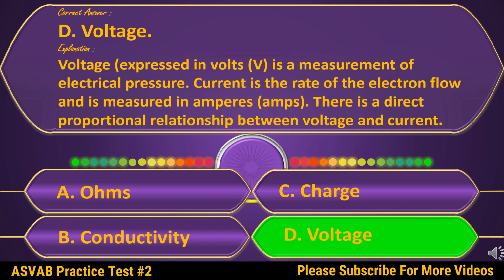Voltage, expressed in volts, is a measurement of electrical pressure. Current is the rate of the electron flow and is measured in amperes. There is a direct proportional relationship between voltage and current.